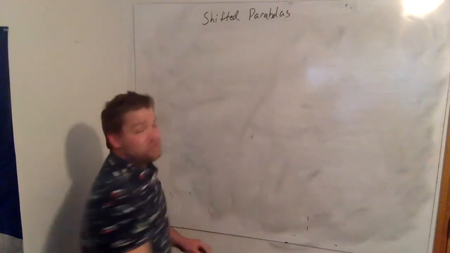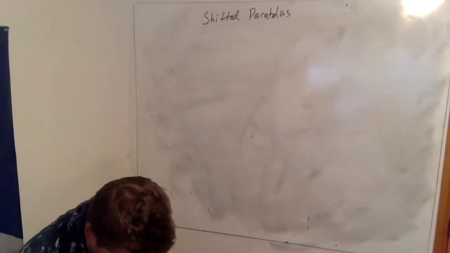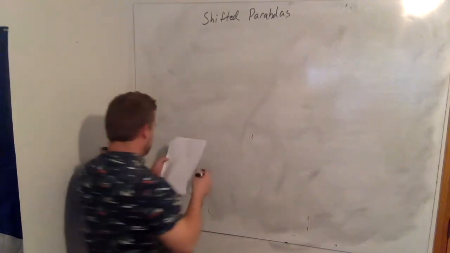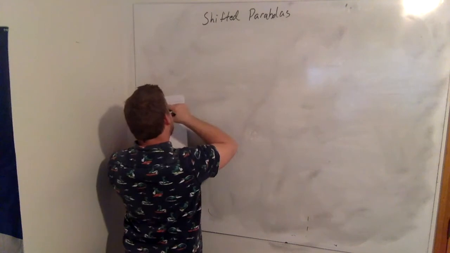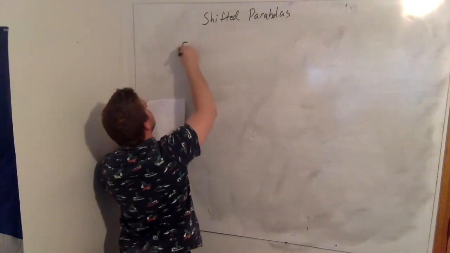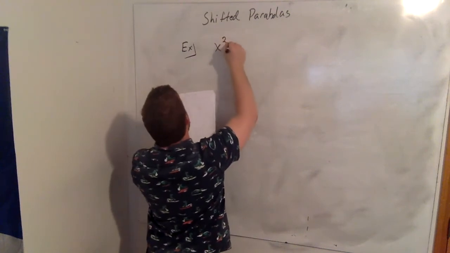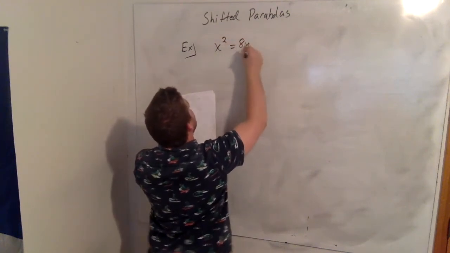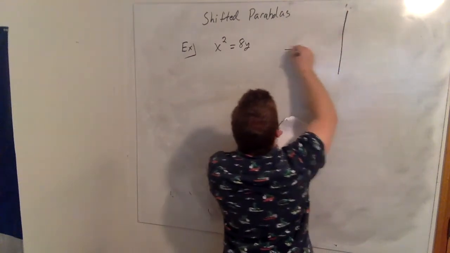So what we want to do is just shift the vertex of the parabola away from the origin. Okay, so let's do an example. Let's say that we have the parabola x squared is equal to 8y. We could do just a loose sketch of this one here.